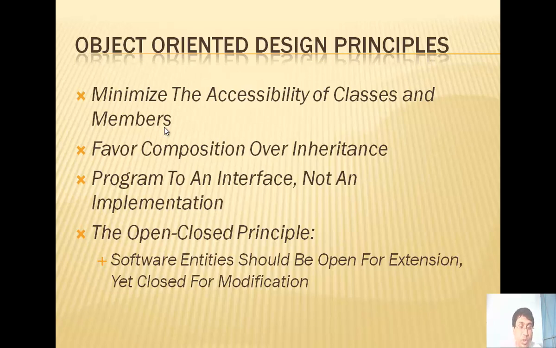And the third principle is program to an interface, not an implementation. What it is telling is that when you are defining some data types, we can use the interface for the data type.